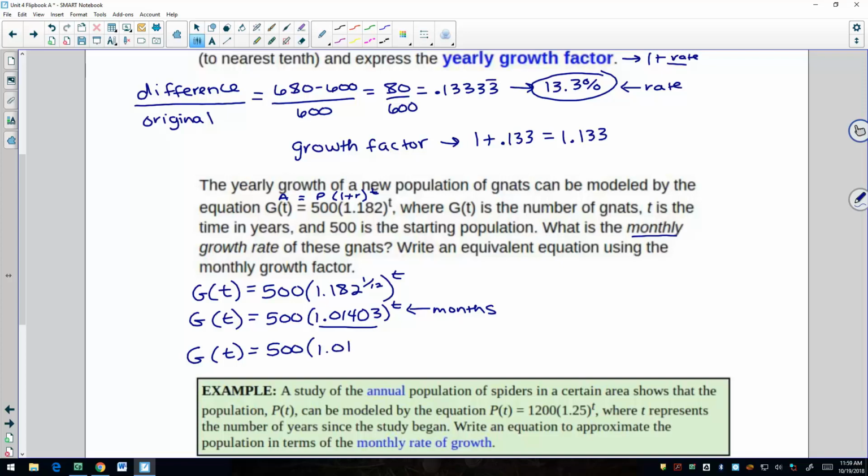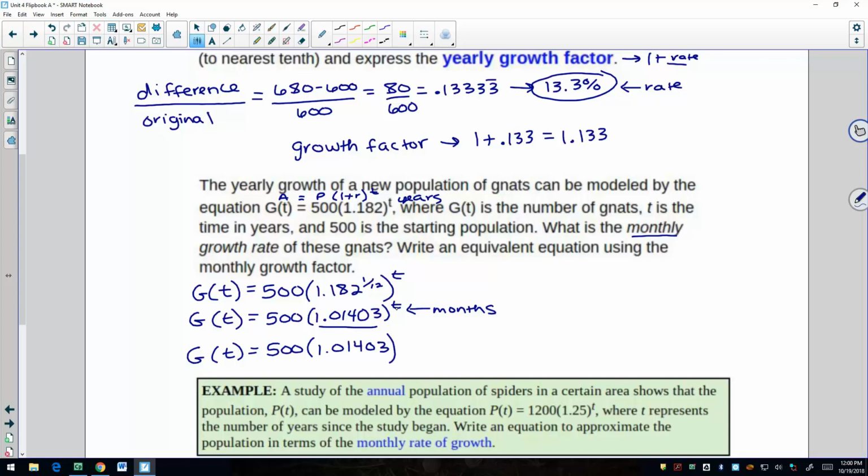If I didn't, guys, I would just use the 1.182 to the T. That's in years. This one's in months. So that's why there's different growth rates. But they want me to use this growth rate. So I have to ask myself, wait a minute. If I use this growth rate in this equation, this is in months. But I want to get back to years because I want it to be equivalent to this one up here.